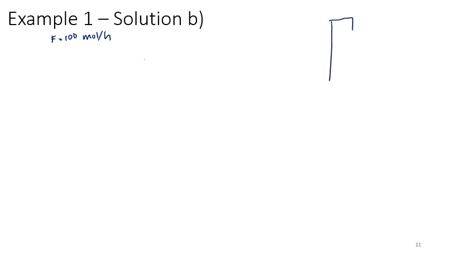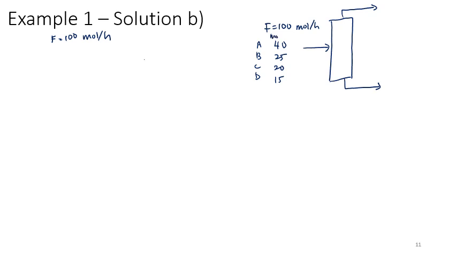So you have the column. Okay, so you have the feed, and then you have the top and bottom product. So your feed, in this case, is 100 moles per hour. So you have A, B, C, D, butane, pentane, hexane, and heptane respectively. So you have here 40 moles, 25 moles per hour, 20 moles per hour, and 15 moles per hour for each component.